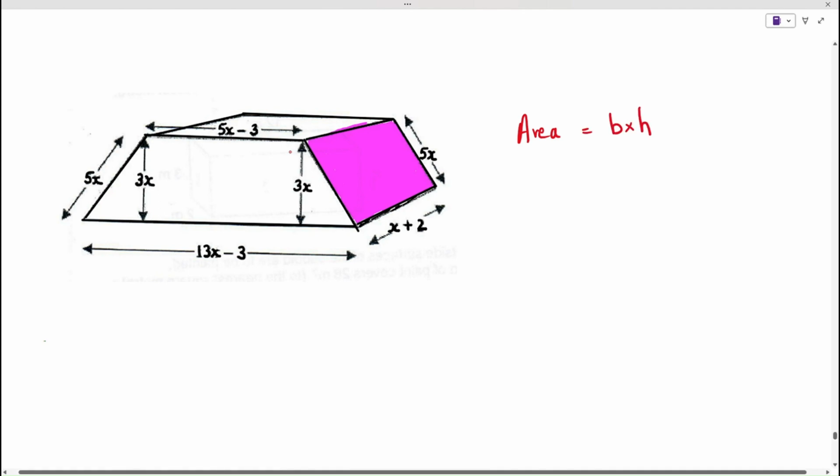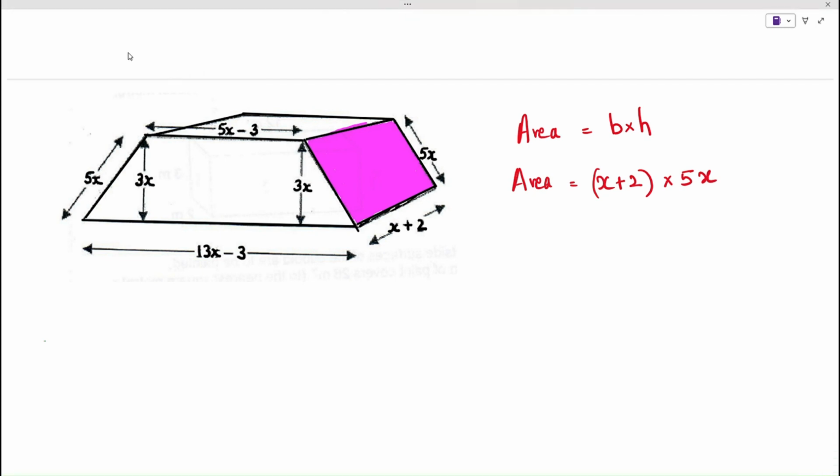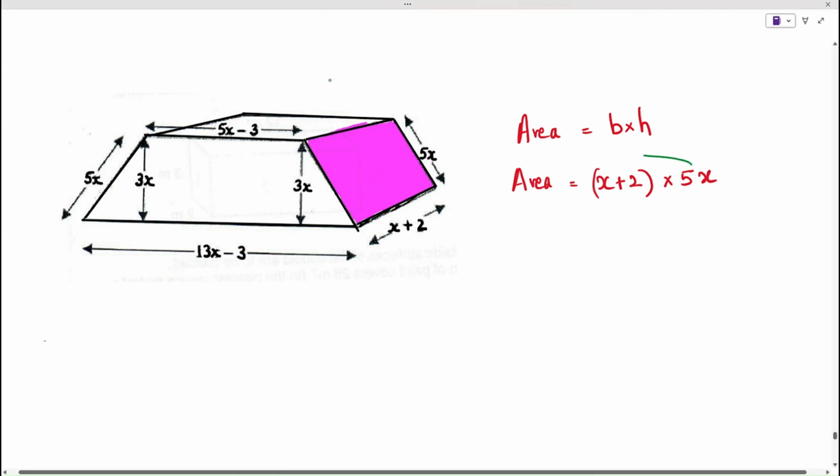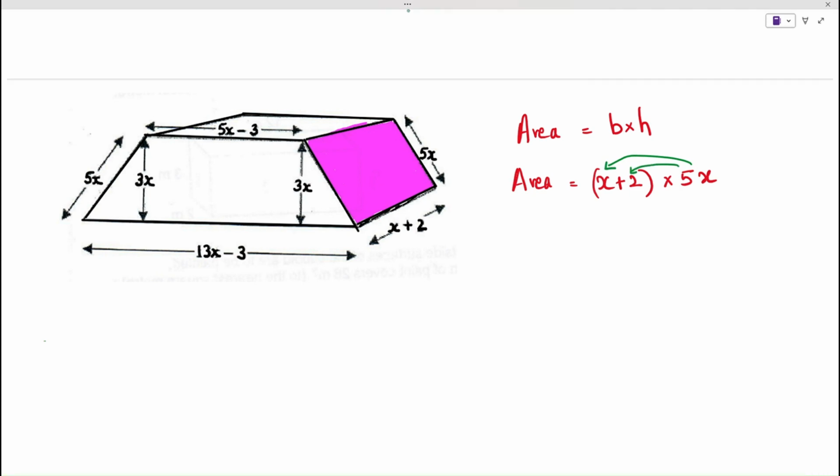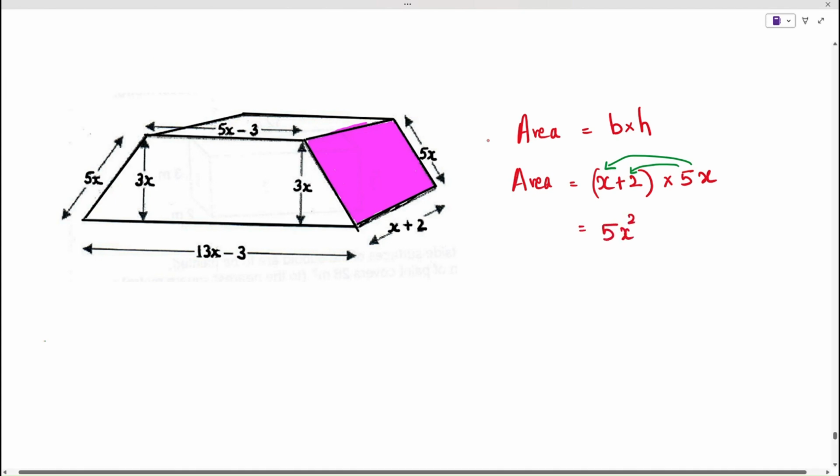For our area, we have our base, which is x plus 2, and we have our height as 5x, and we're going to expand our brackets. So we're going to multiply 5x by x and 5x by 2. This will give us 5x squared plus 10x.